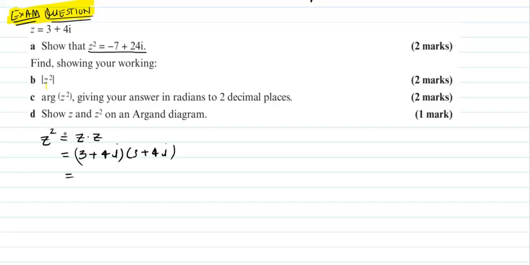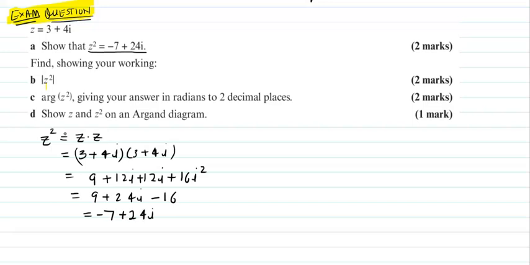Once you multiply this, it should be 9 plus 12i and 12i and 16i square, right? So it should be 9 plus 24i and 16i square becomes minus 16. So we got minus 7 plus 24i. That shows that z square is minus 7 plus 24i, which we have already shown.